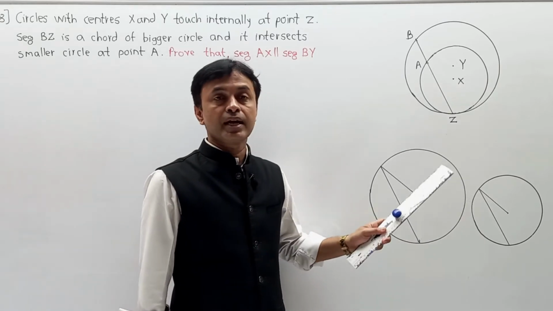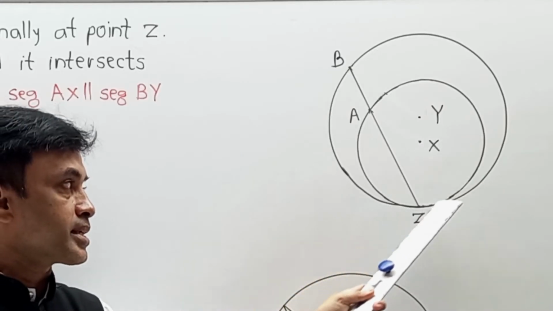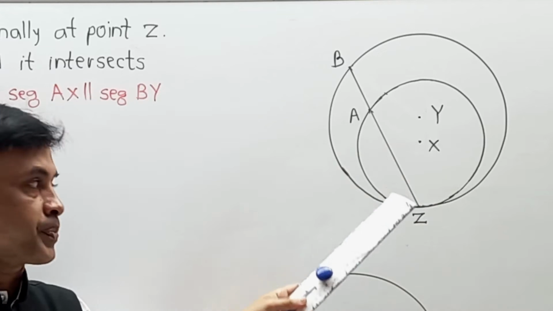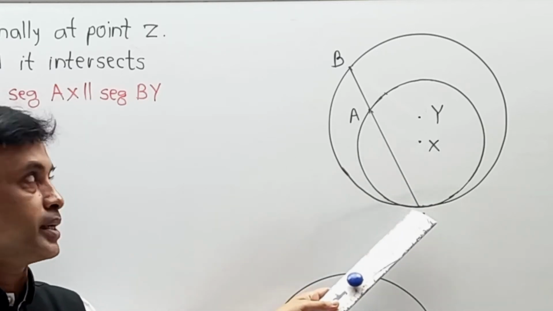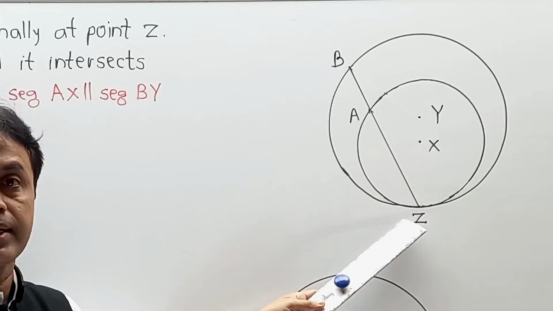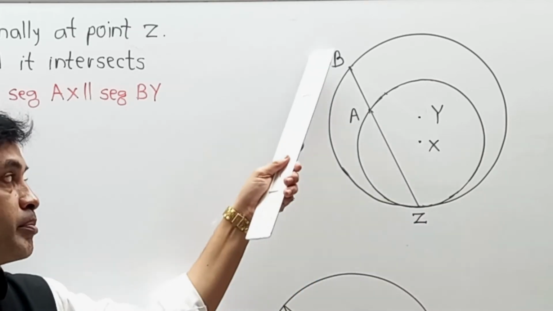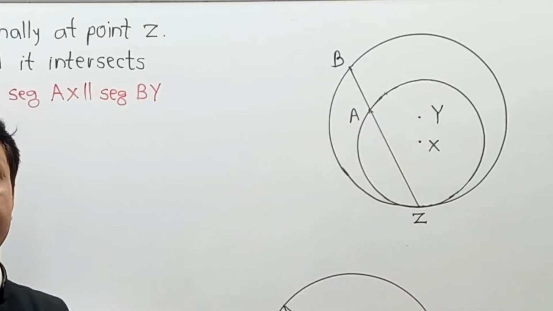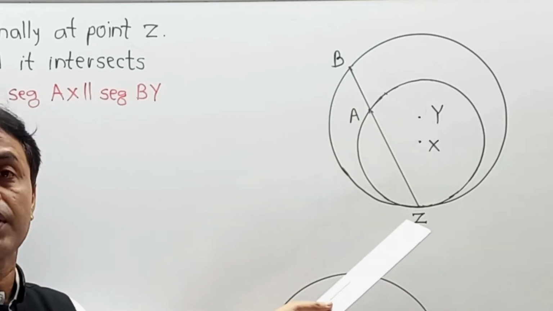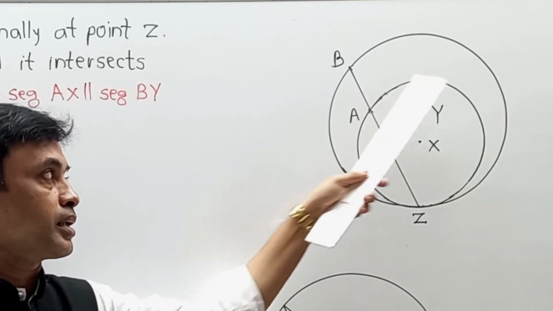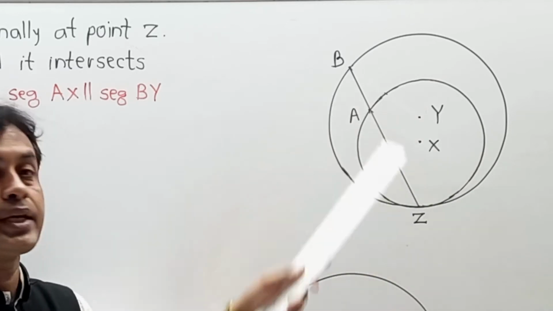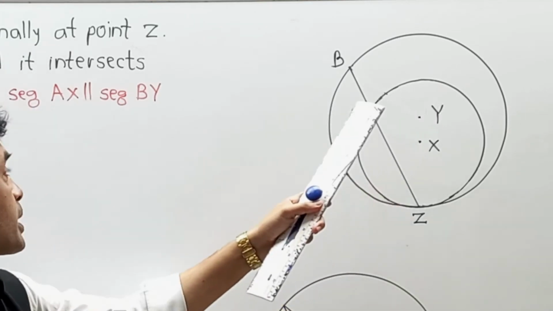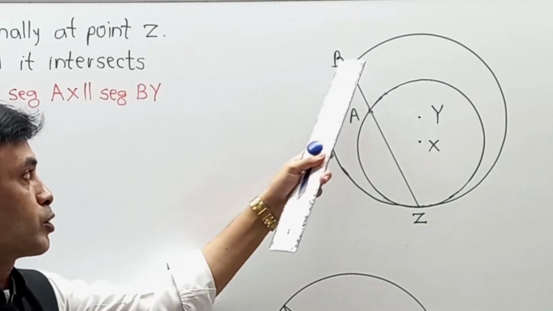Let us say X is the center of the smaller circle, Y is the center of the larger circle, and both circles touch each other at point Z. BZ is a chord of the larger circle which intersects the smaller circle at point A. Then prove that, what exactly we have to prove? We have to prove as per condition that AX is parallel to BY.